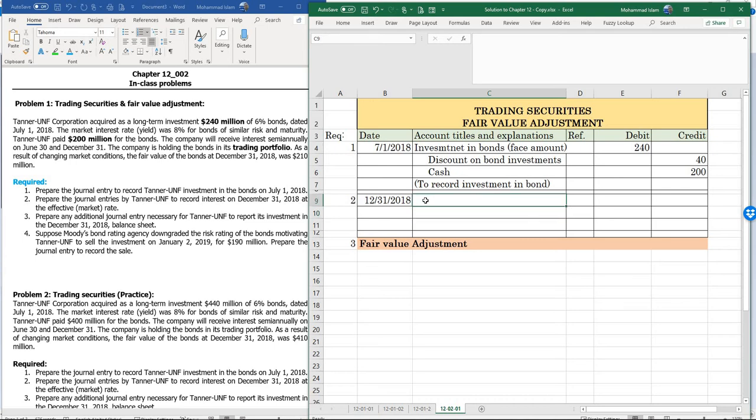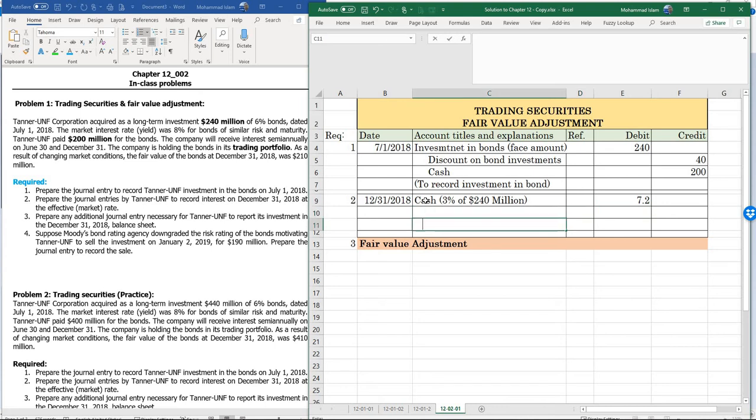Let's see the cash we will receive: 3% of 240 million, so 240 multiplied by 0.03 is 7.2 million.